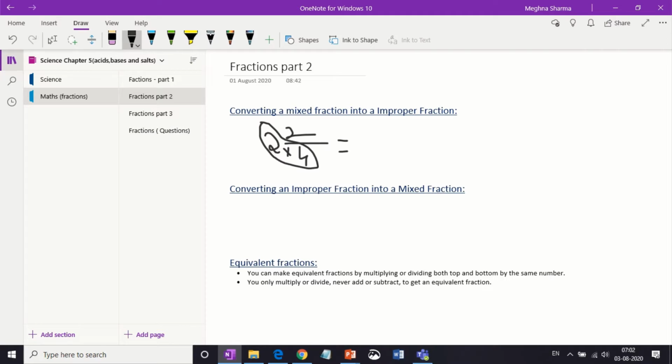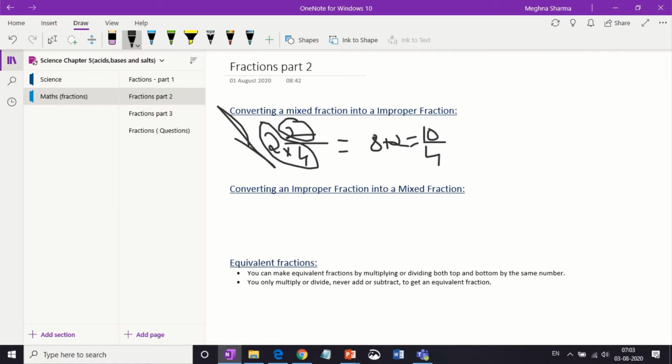8. Then to this product, we have to add the numerator. 8 plus 2, you get 10, and the denominator always remains the same, so 10 by 4.